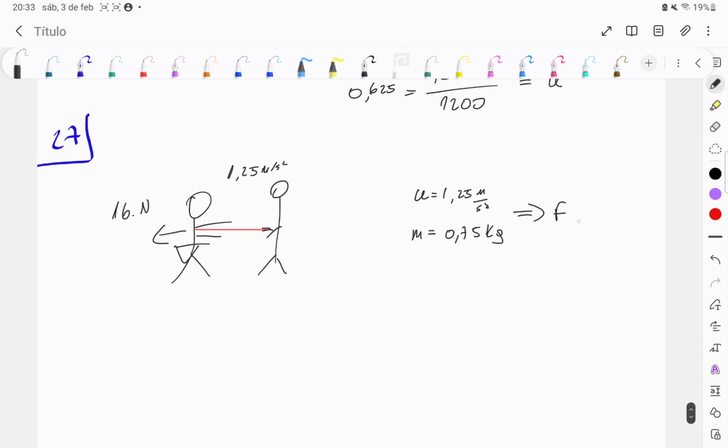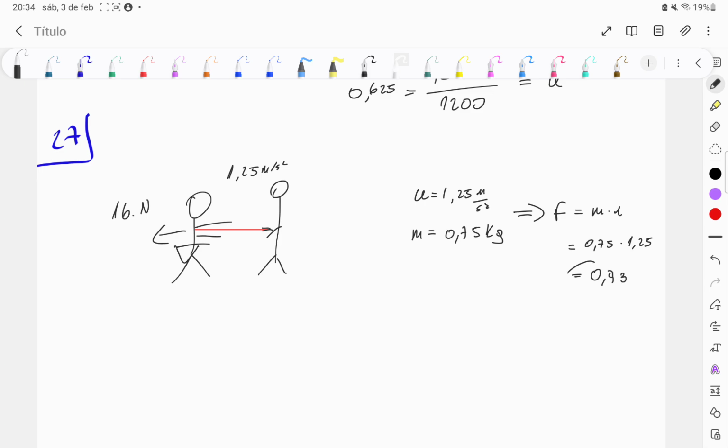So let's calculate it. F is going to be equal to M times A. M, how much is it? 0,75. The acceleration, how much is it? 1,25. And if we put this into the calculator, it's going to give you 0,93.